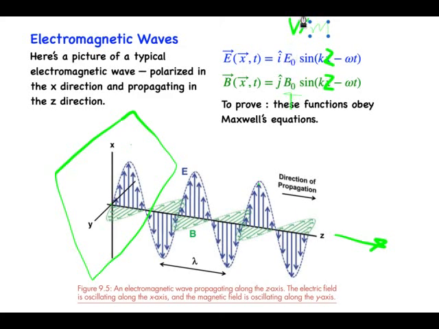They can't be equal because they don't have the same units, but they're very closely related. They're proportional, and we'll come to that in a few minutes. So this is the picture. It's taken from the textbook, and you can find a picture like this in any textbook on electricity and magnetism. Or if you looked up on Google, picture of an electromagnetic wave, it'll show you this.